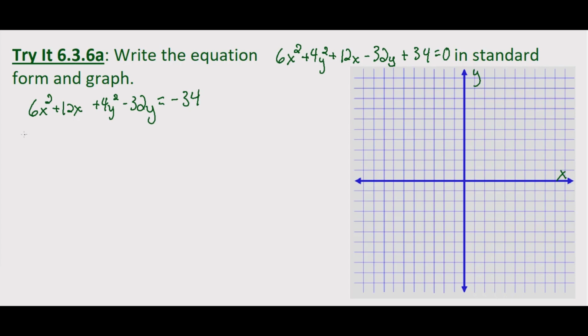So now let's factor out our 6 from our x terms and complete the square. So 6 times x squared plus 12x. 12 divided by 2 is 6. 6 squared is 36. But what did I forget to do?